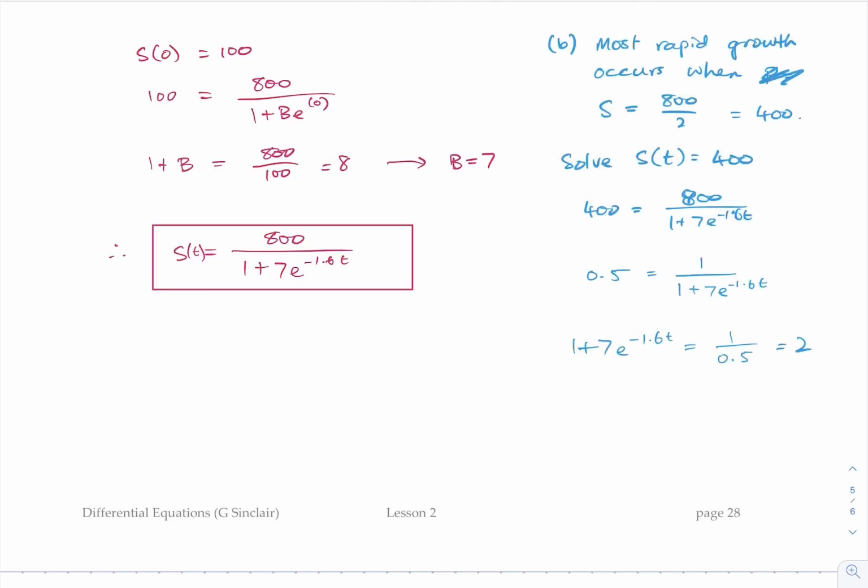So, all right, subtract. All right, and so on, and we get t equals 1.216 time units. We weren't told in the question what the units of time were, I don't think.